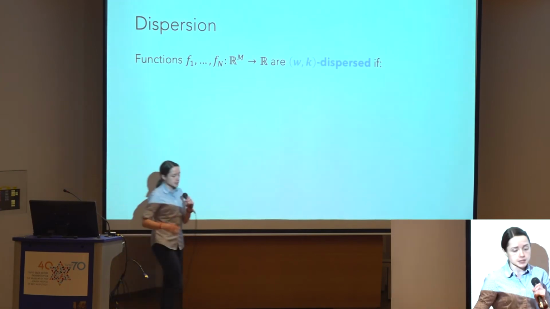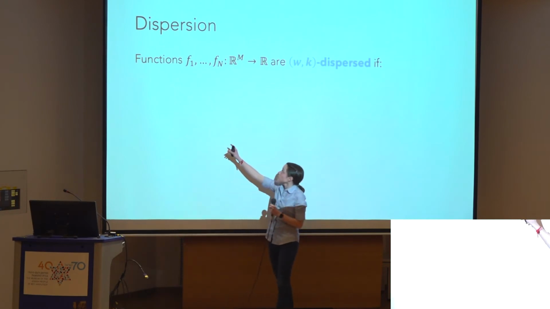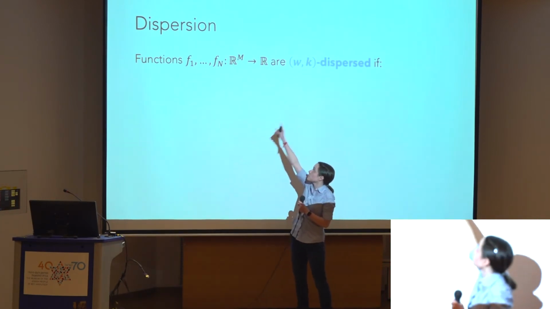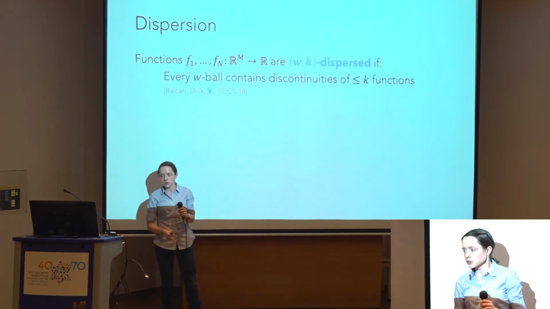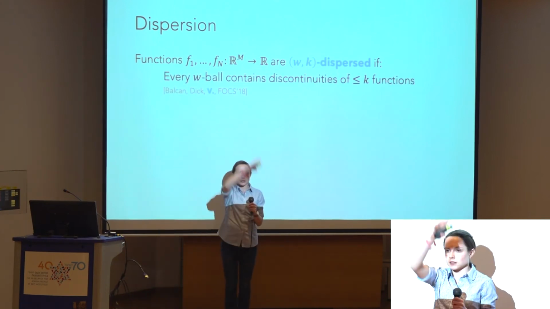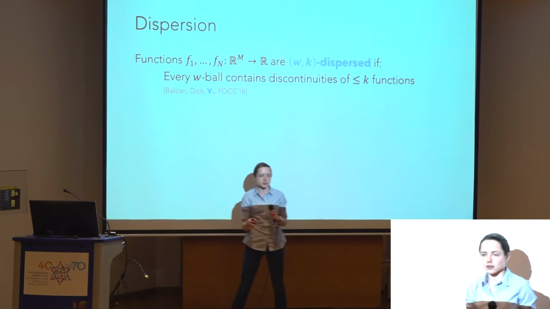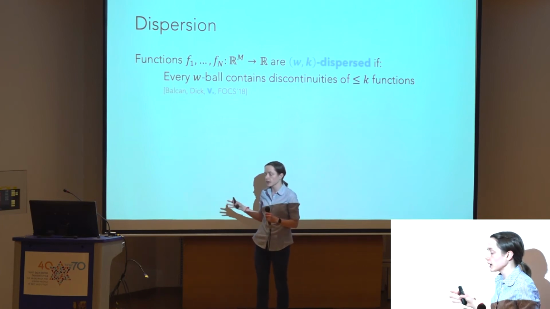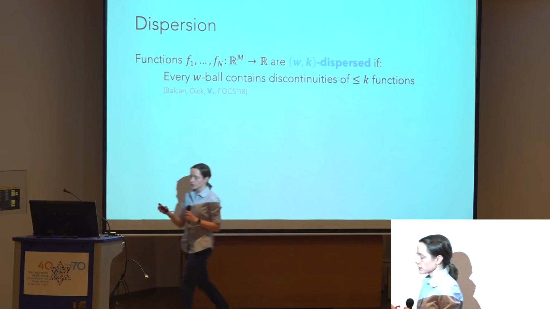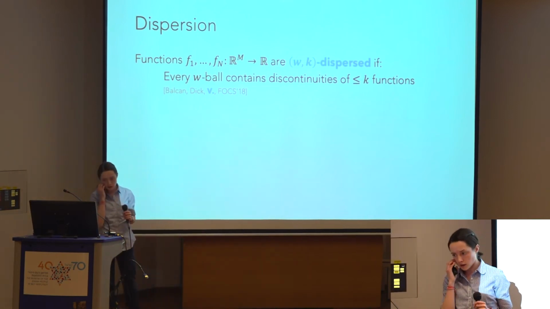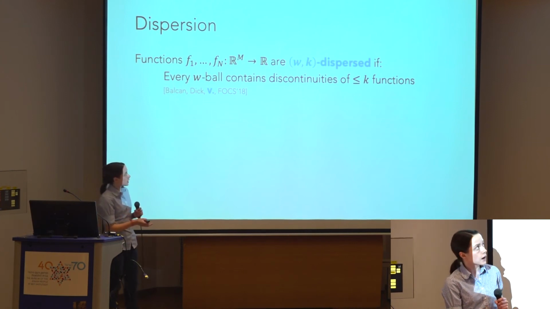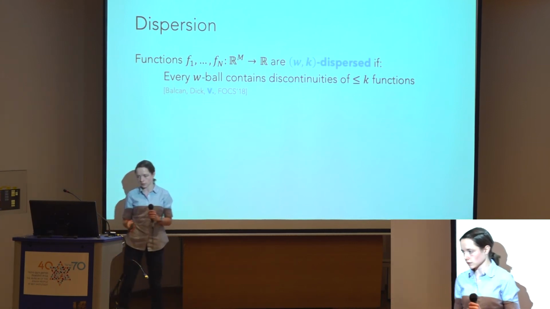So functions f1 up through fn, let's say that they map R^m to R, are (w,k)-dispersed if every w-ball in the domain contains discontinuities of at most k of the functions. Dispersion is a notion that Nina and I and another student, Travis Stick, introduced in a different context last year.